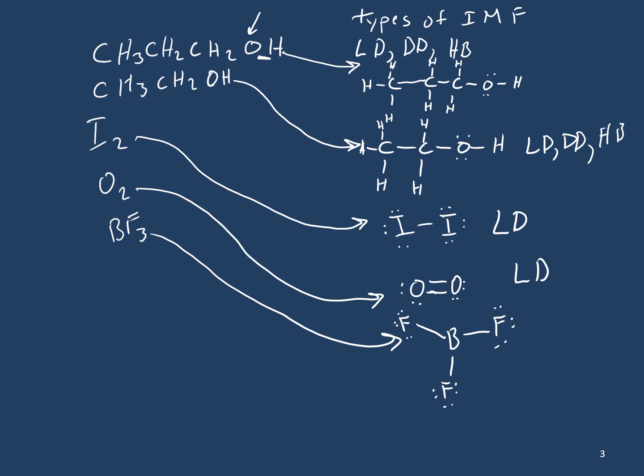BF3 is a trigonal-planar molecule. It's completely symmetrical, and even though we have polar covalent bonds in this compound, because of its high symmetry, it also is going to be nonpolar, which means it only has London dispersion in its intermolecular forces.